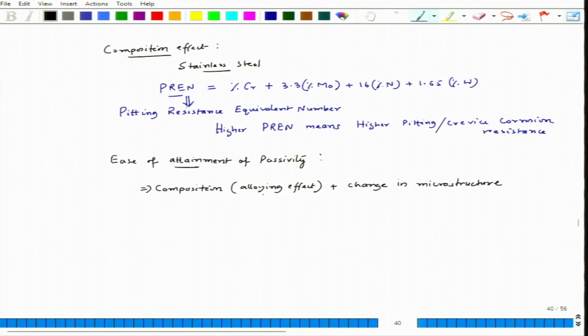Since we are looking at passivity, the choice of alloying element will be decided on the basis of the element or the alloy we are talking about. For example, in case of chromium or titanium, if we add a little platinum or palladium, we can get spontaneous passivity.